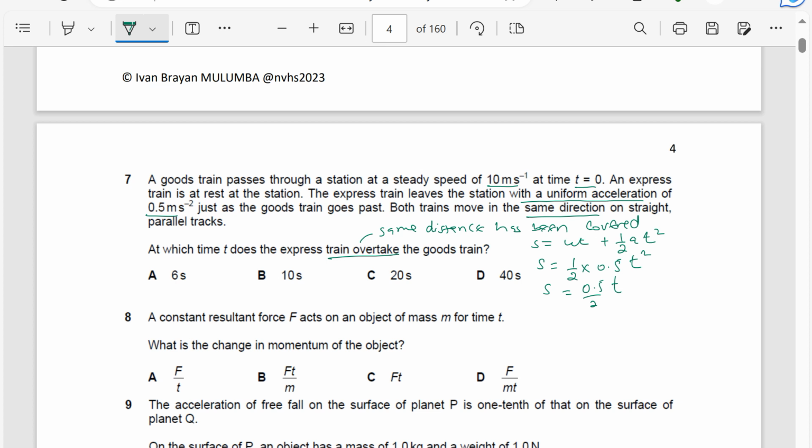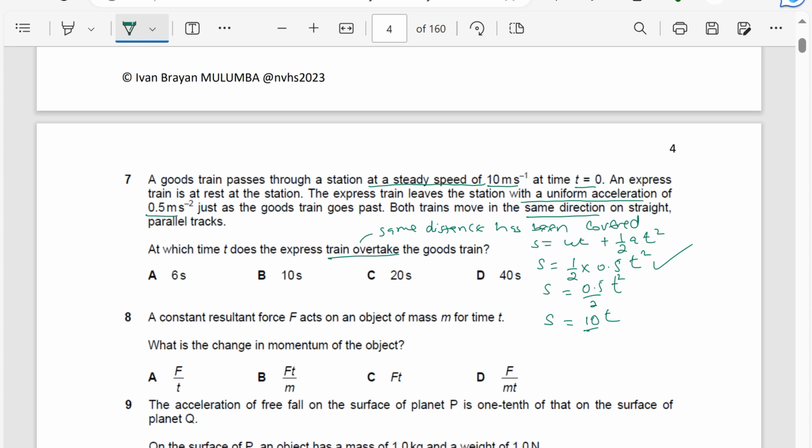A goods train passes through a station at a steady speed. So for it, the same distance is going to be 10 times the time t. For the other one, I use the equation of motion. For this one, because the speed is constant, I just say speed times time. That is its distance. Remember, they cover the same distance, which I've called s.